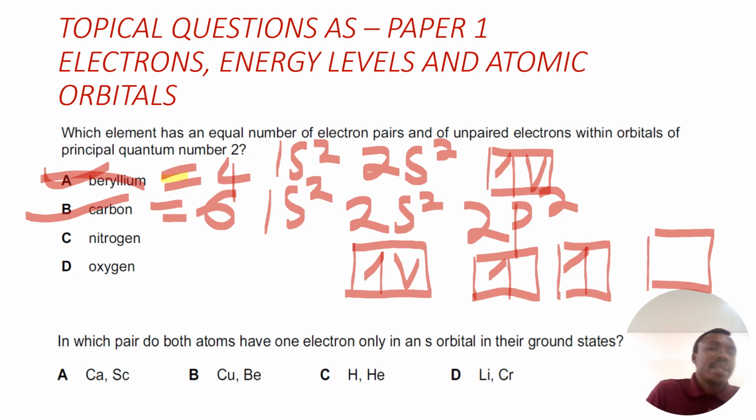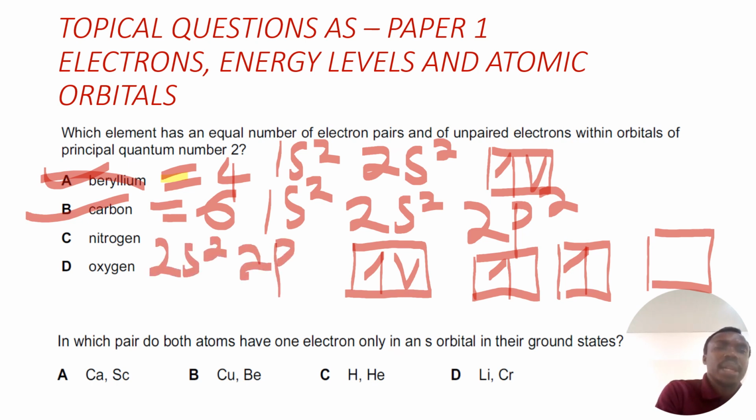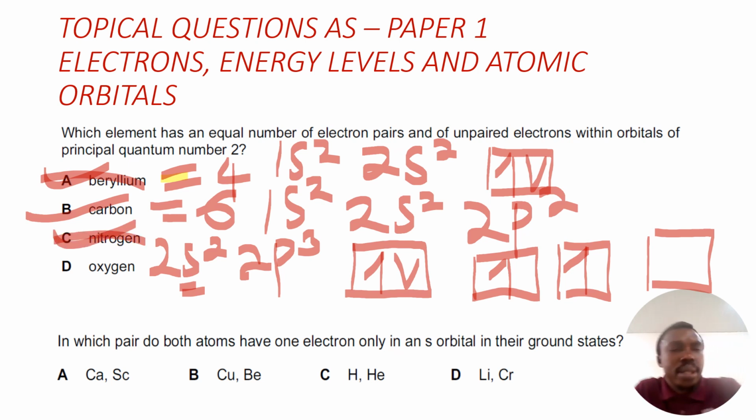As you can see, if you look at C, C is not the answer because within the principal quantum number 2, which is 2s2 and 2p3, we have 2 paired electrons and 3 unpaired electrons. So C is not the answer. If you look at oxygen, which is D, D is not the answer.